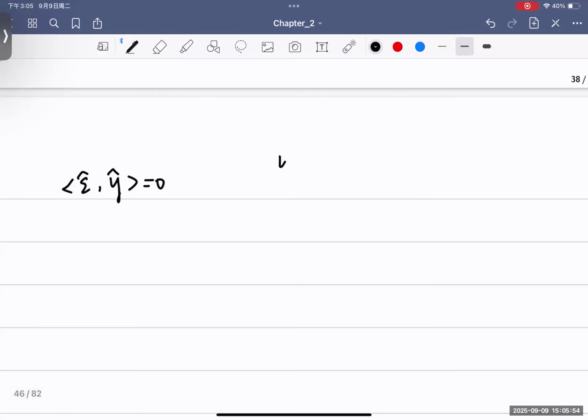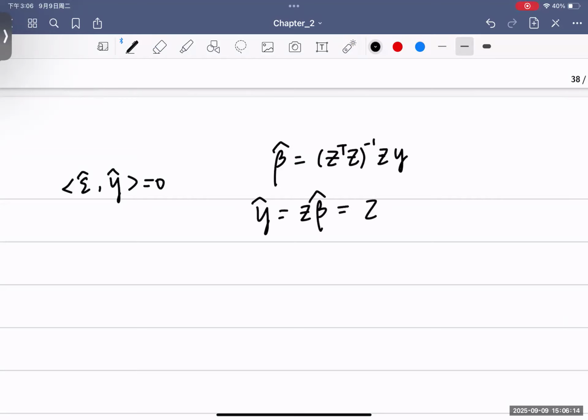So our beta hat is given as (z transpose z) inverse z transpose y, and our y hat is given as z times beta hat. So it's z times (z transpose z) inverse z transpose y.